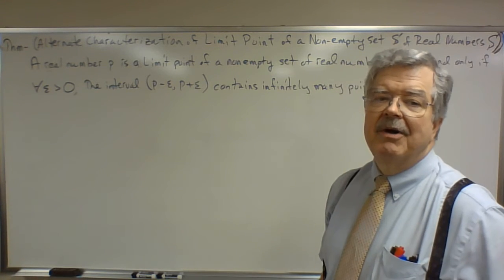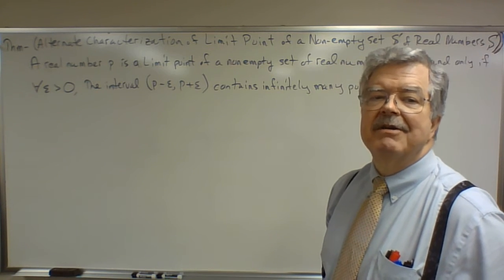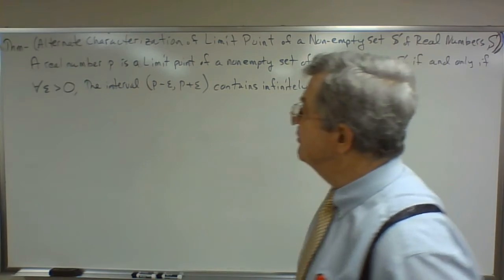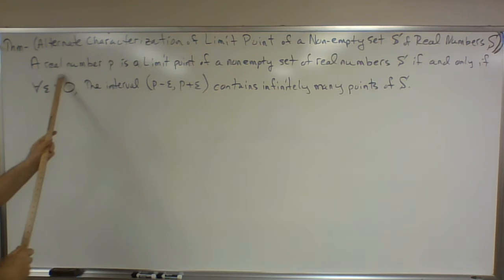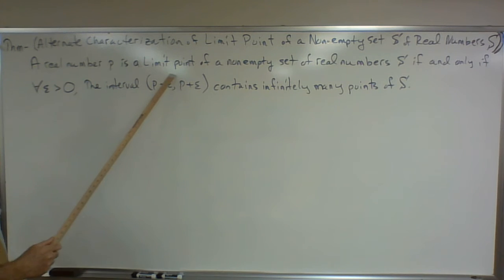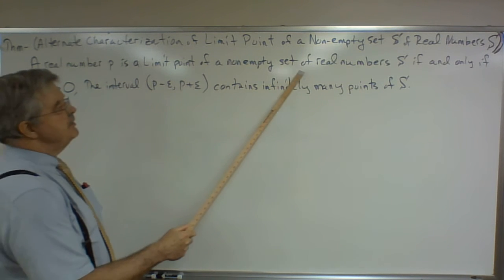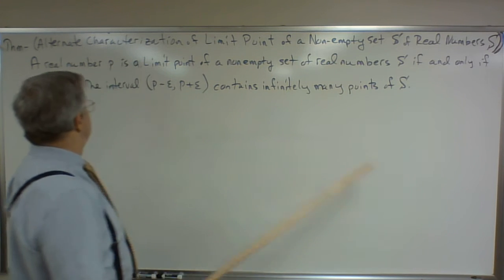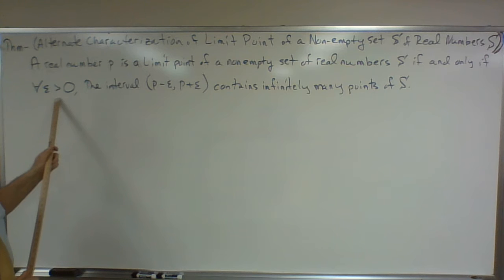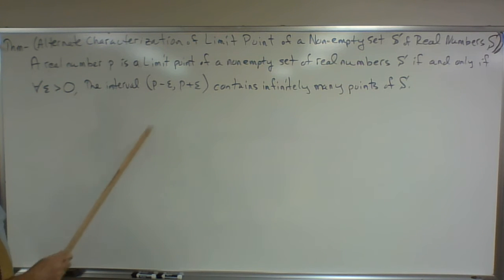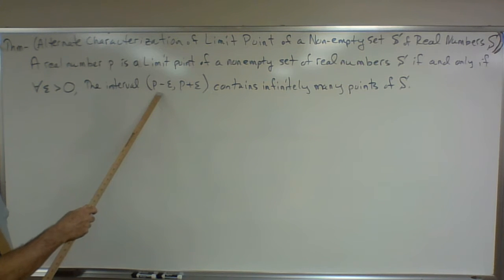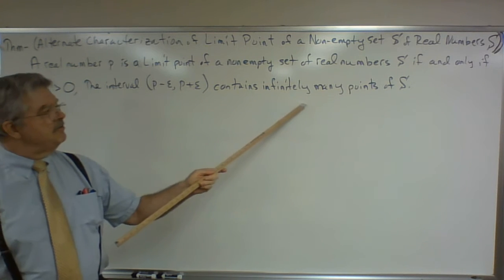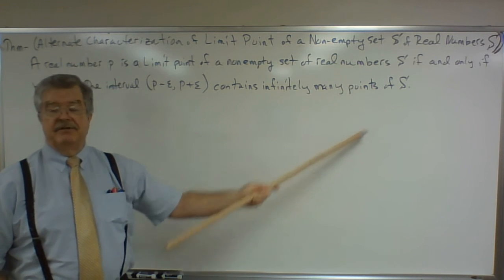And here's the alternate characterization, the same one I put up before. A real number P is a limit point of a non-empty set of real numbers S if and only if, for all epsilon greater than 0, the interval (P minus epsilon, P plus epsilon) contains infinitely many points of S.